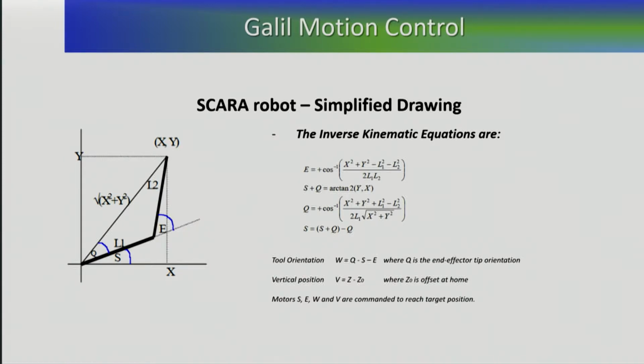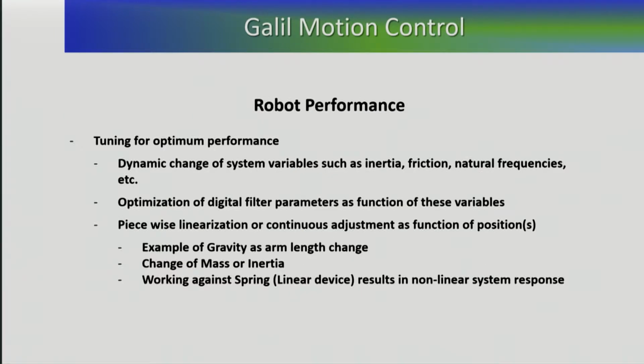So we need to transfer that back into the corresponding angular movement needed for each of the joints: shoulder, elbow, z-axis, as well as the fourth axis, which is your orientation at the end effector. Using the equations, we're able to compute that, and the displacement calculated for each joint is then used to perform the profile moves as defined.